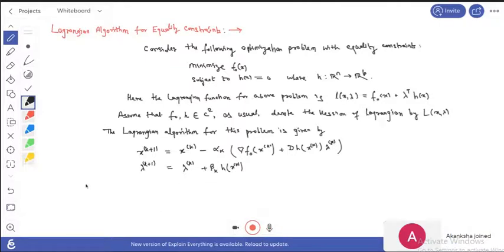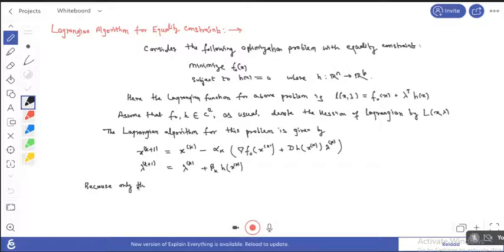Because only the gradient is used, the method is also called the first order Lagrangian algorithm.